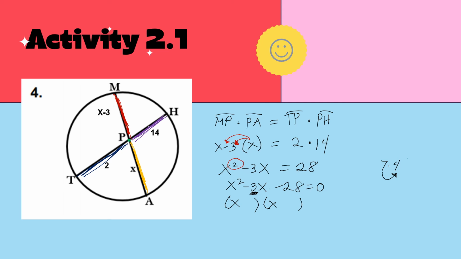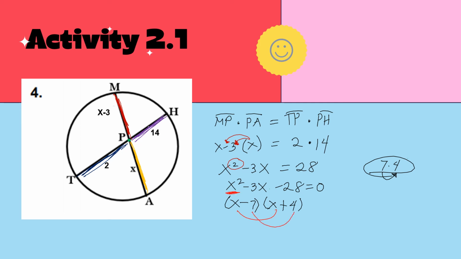Okay. So, therefore, negative yung 28. So, isang negative, isang positive. Para negative times positive is negative. Tapos, dahil yung middle term ay negative 3, so yung mas malaki sa kanilang dalawa, sa 7 and 4, ang bibigyan ng negative sign. So, negative 7 and then positive 4. Yan. So, x times x is x squared.